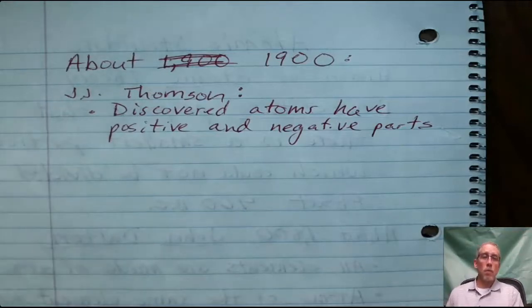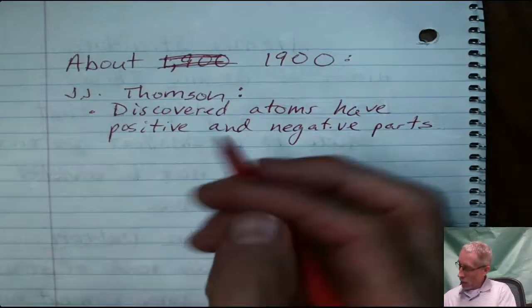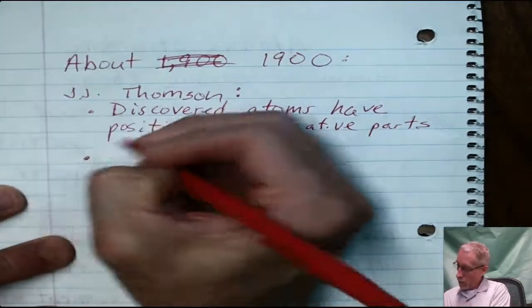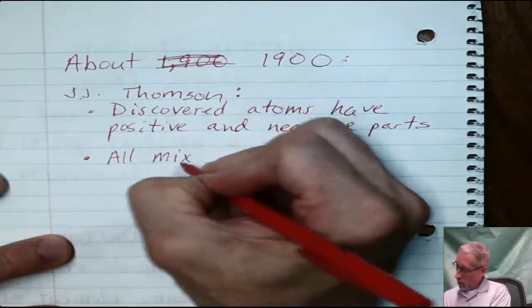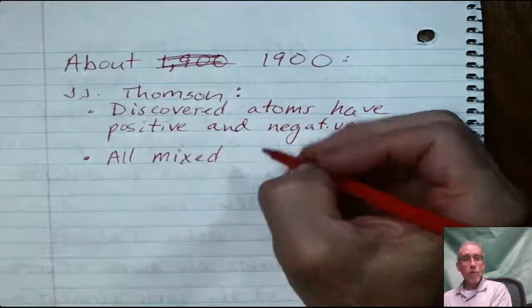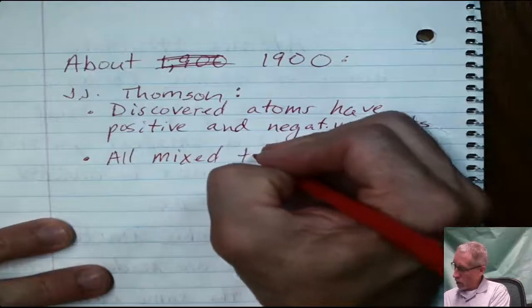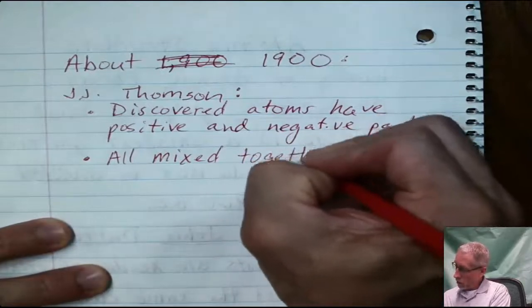So J.J. Thomson was getting a little closer to what we know now for the structure of the atom, but his flaw was that these were all like mixed together. The positive and the negative parts all mixed together around each other.